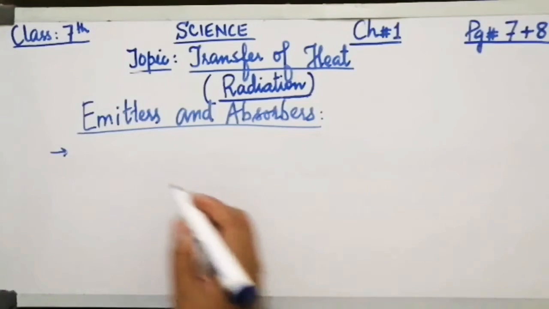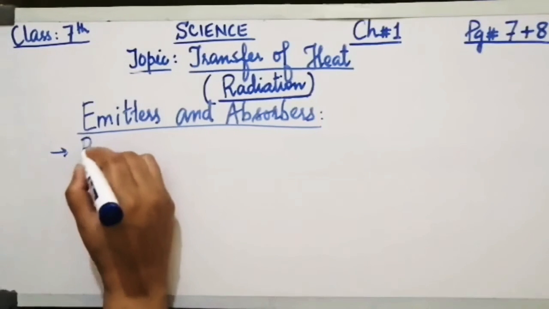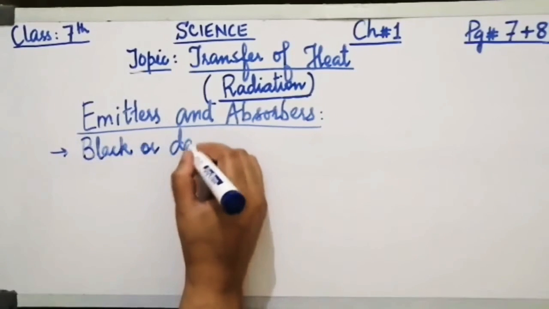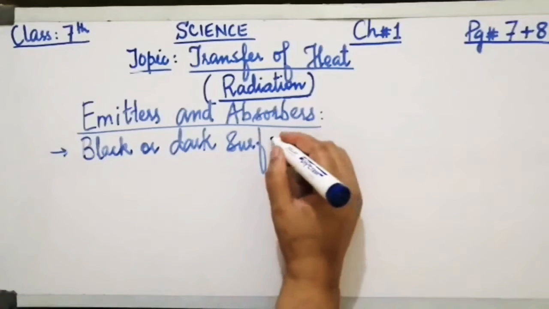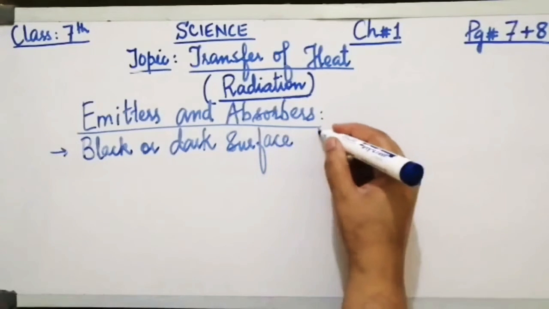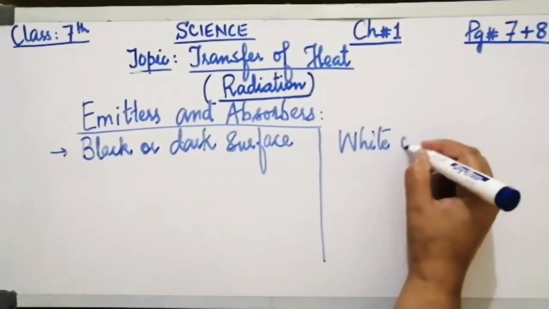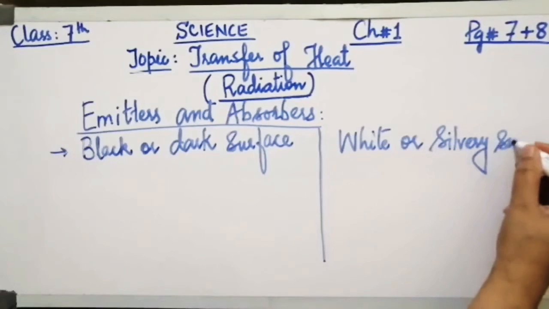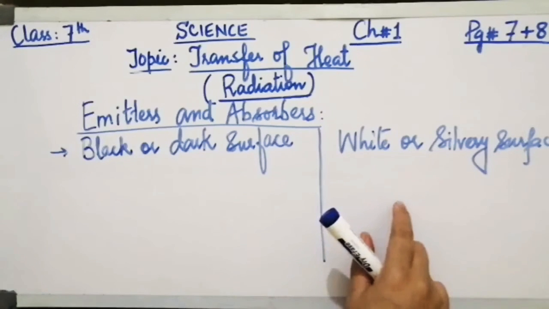Now consider we have two different types of surfaces. One is the black or dark surface, and on the other hand white or silvery surfaces. Example of white or silvery surface can be this board, this white board.